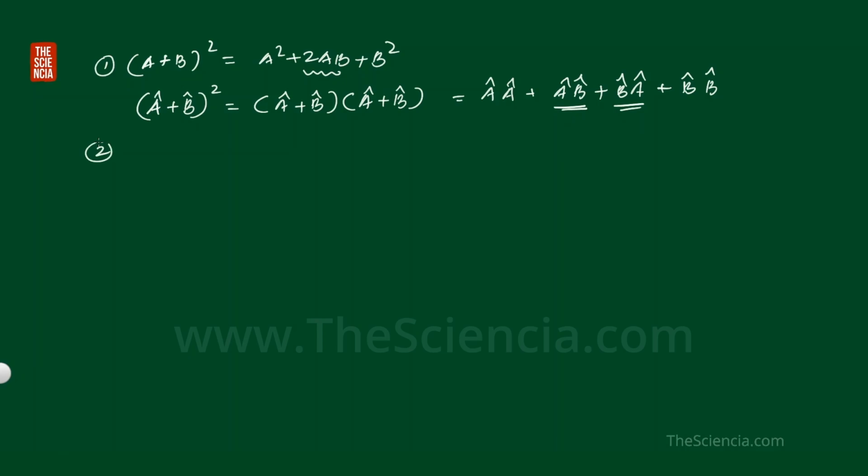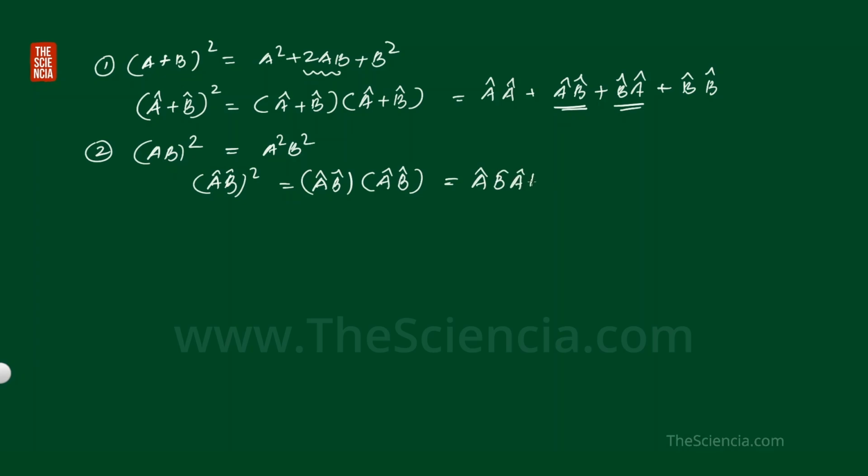Another example I discussed is AB squared. In our algebra it is a square b square. But in operator algebra, AB squared, that is a cap b cap squared, is equal to a cap b cap into a cap b cap, that is abab.